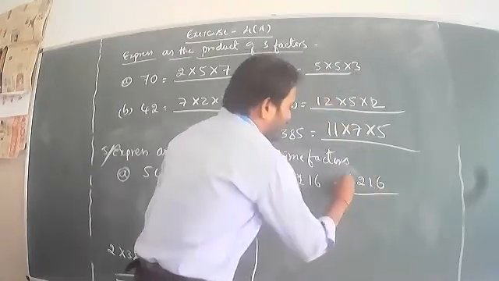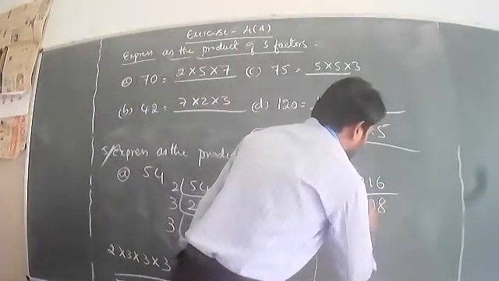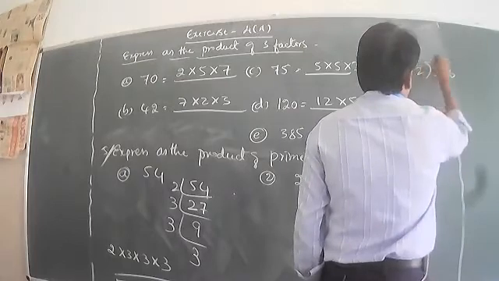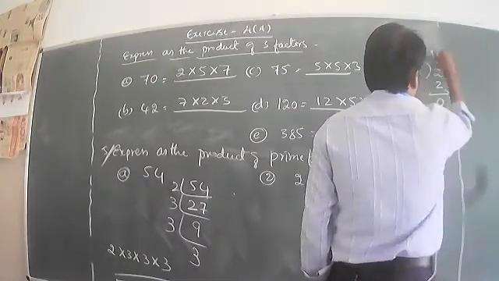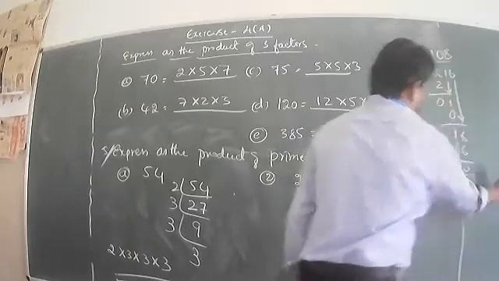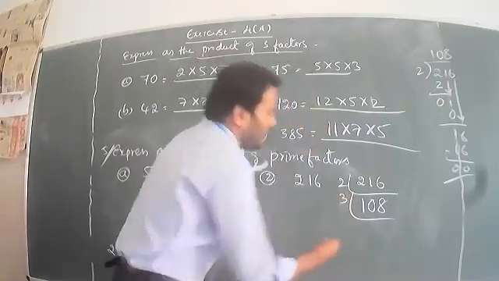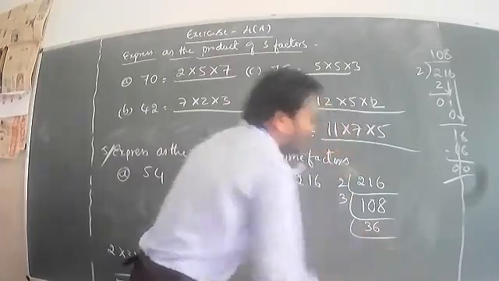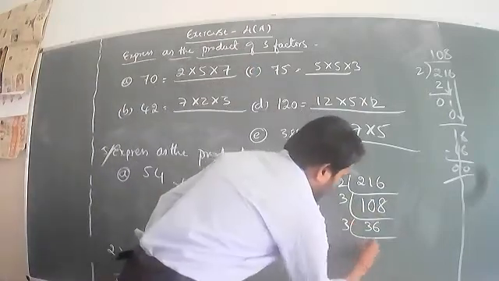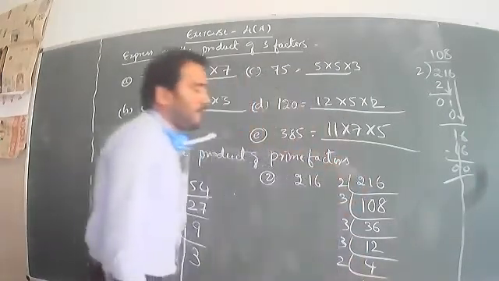It is an even number. 2 can be divided. 2 times 108 is 216. Next 108, 2 times 54 is 108. Then 54 divided by 2 is 27. Next, 3 can be divided. 3 nines are 27, 3 threes are 9.